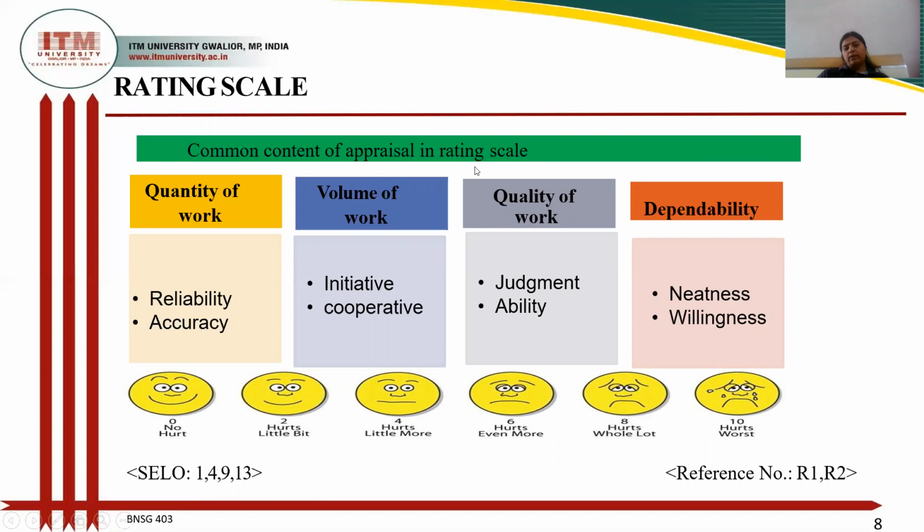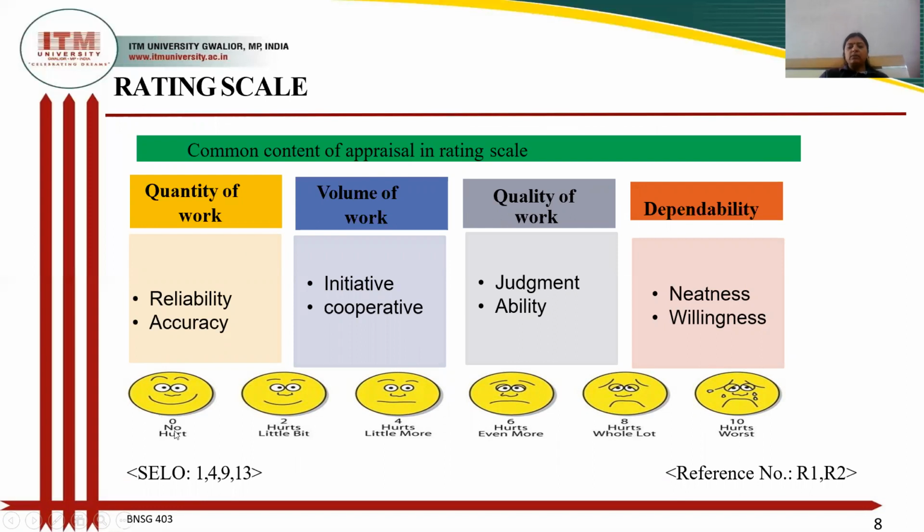Usually, what common content are we using for the quality of the work? We are using reliability and accuracy. For the volume of the work, we use initiative, cooperation, this type of things. And for quality of the work, judgment and ability, dependability, neatness and willingness. So you can see here how we are measuring it.